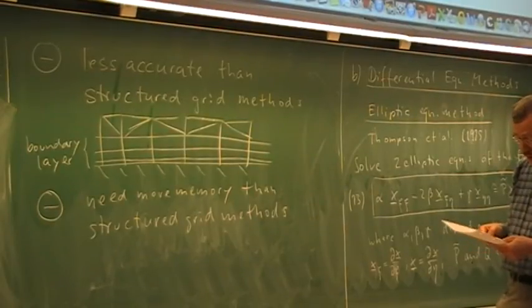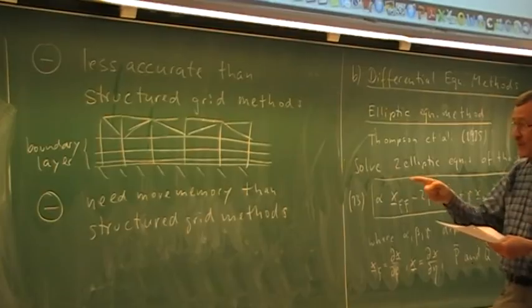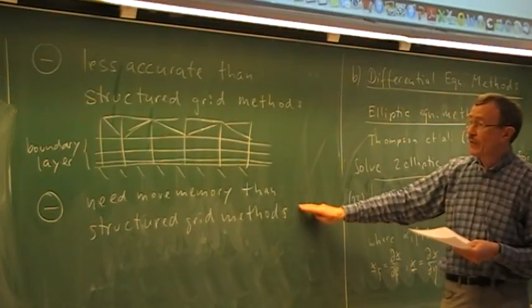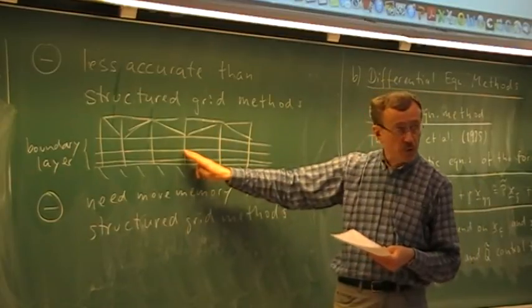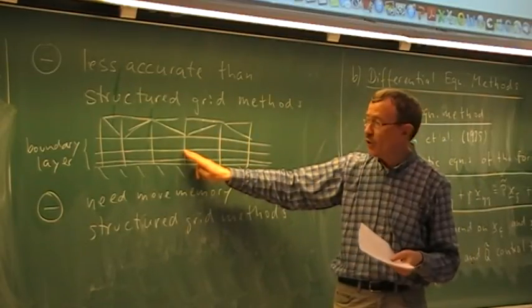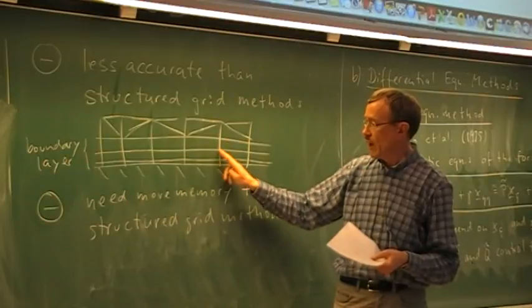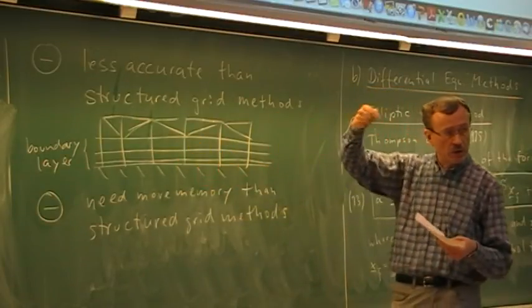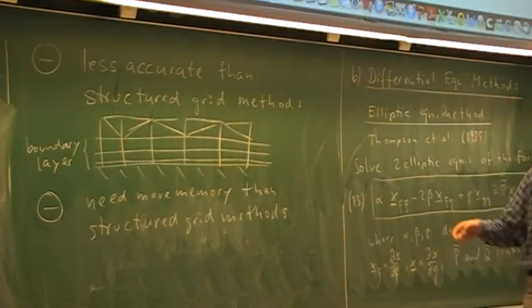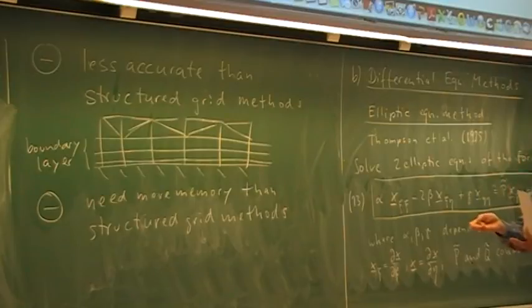So those are disadvantages, and you can see this disadvantage here by the fact that in a structured grid, you know your neighbors. If you have the index ij, you know where your neighbors are. It's i plus 1, i minus 1, j plus 1, j minus 1. In 3 dimensions, k plus 1, k minus 1. Everything is clear. But in unstructured grids, you must give the program that information.